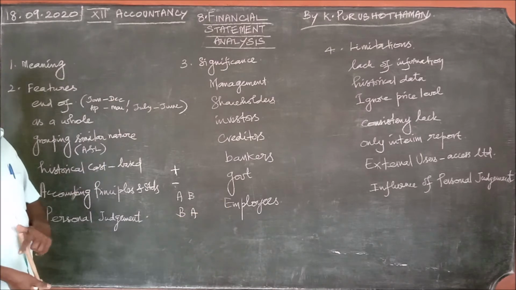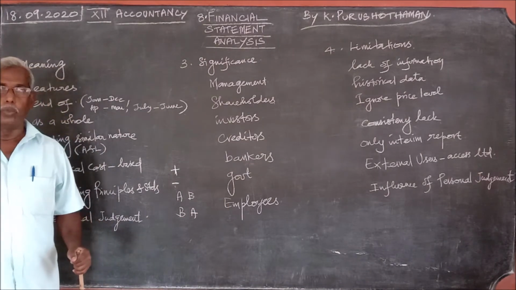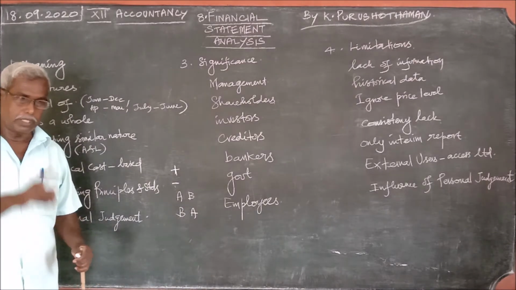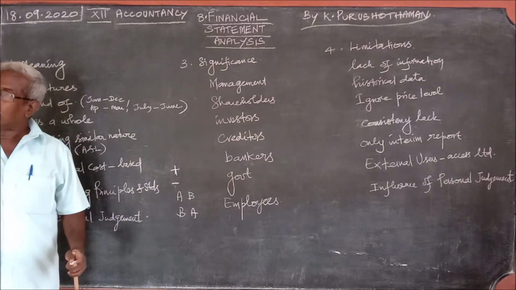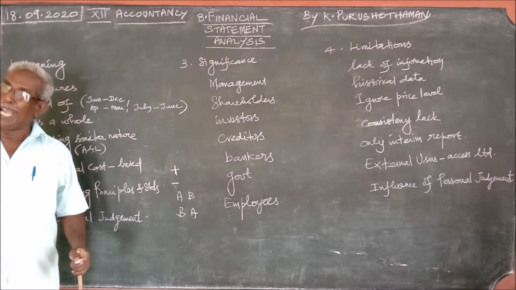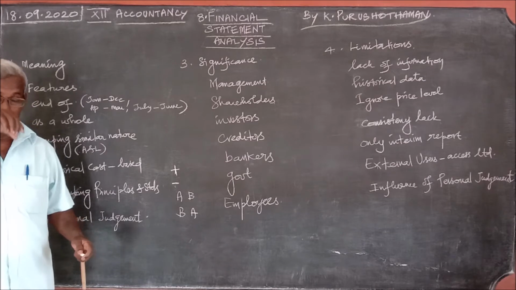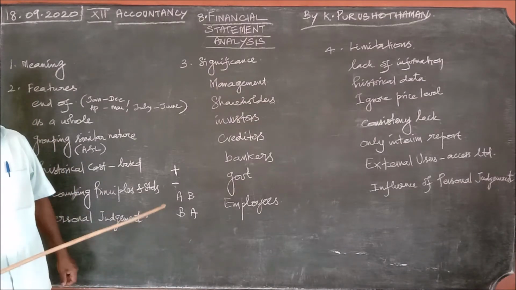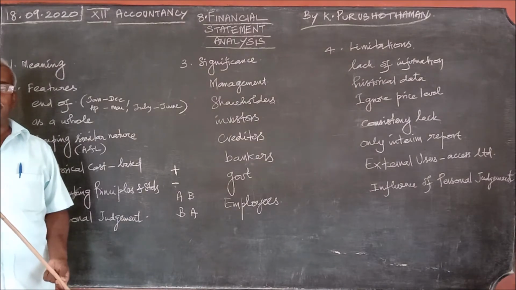And the next one is, whatever the rules and regulations there, the person who prepares the financial statement has some idea in mind. Only on the idea in mind will he prepare the statement, and therefore personal influence and personal judgment will be there in the preparation of the financial statement.